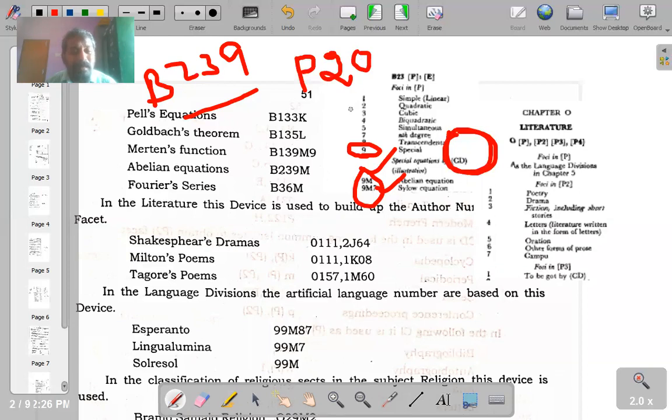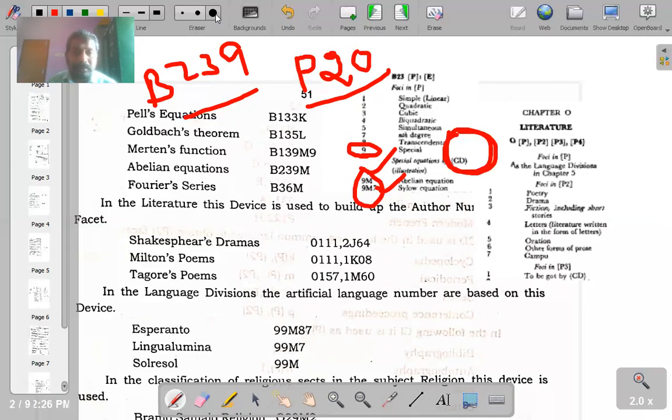So this way, in mathematics, we can make use of time isolates. But here, time isolates are used as personality phasors. Though we take M, M7, P20 and use them here, they are not time isolates; they are used as personality in the canonical class B23. Okay, that is one example.